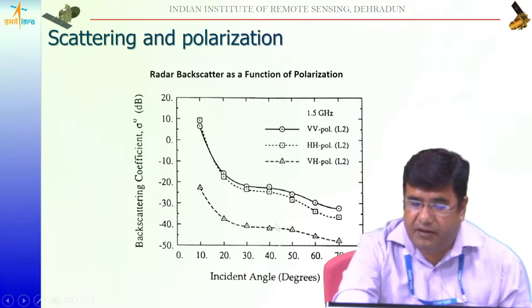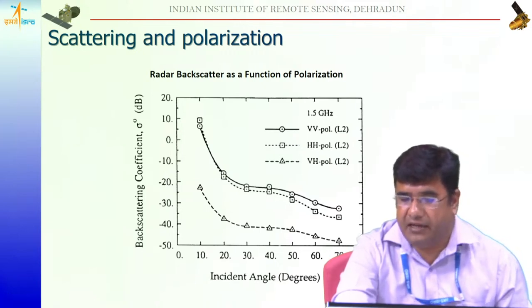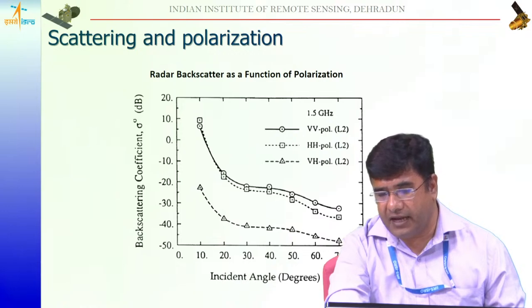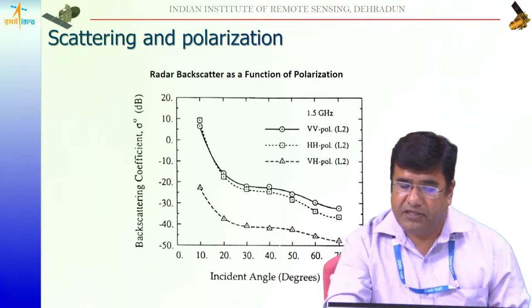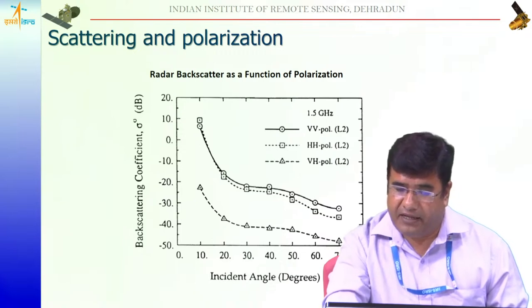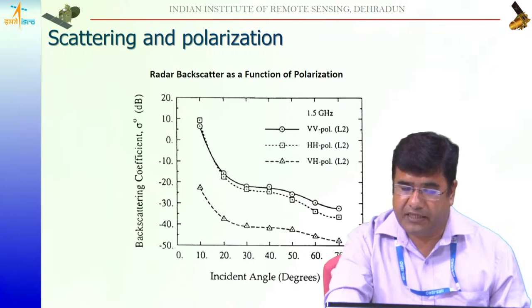VH and HV both have lower values as compared to HH or VV. So VV has the highest value for a particular target. If we have a particular target and we have the values HH, VH and VV, then in the VV it will appear as a larger backscatter value as compared to HH and HV.